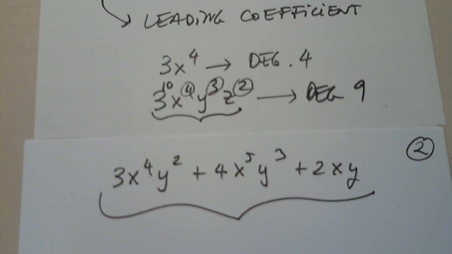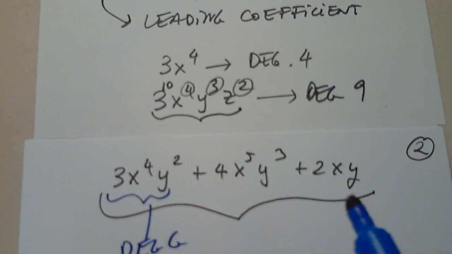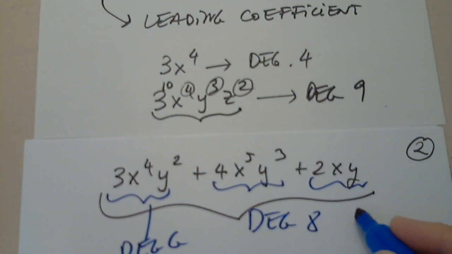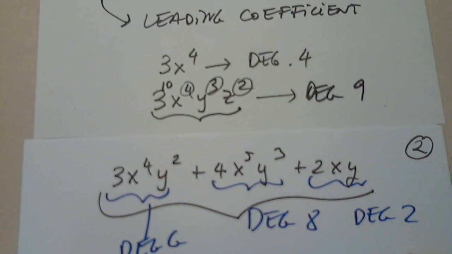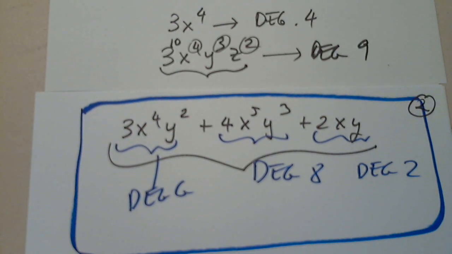So I still have to determine the degree for each monomial individually. So this piece will have degree 6. This piece will have degree 8. This piece will have degree 2. I added the powers of the variables, 6, 8, 2. So what will be the degree of the whole thing? Of course, like before, the largest.